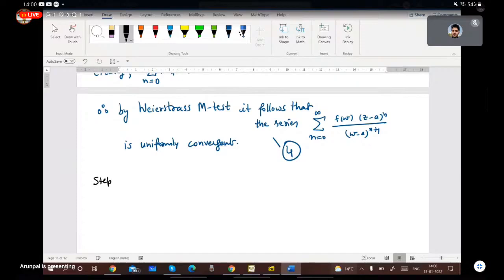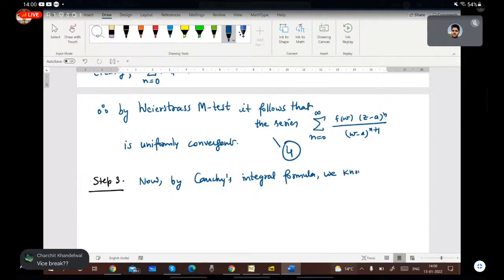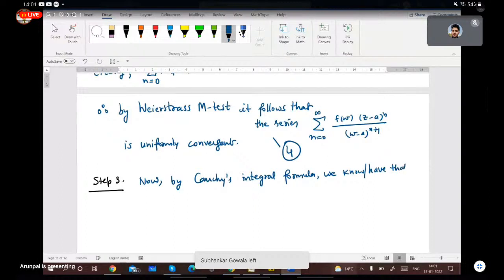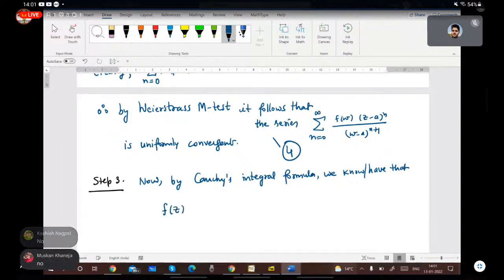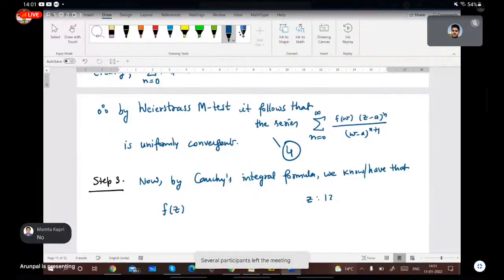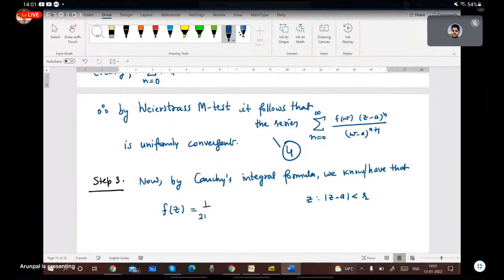Step number 3. Class now, by Cauchy's integral formula, we know that the value of f at any point z, where z is satisfying this condition, if z is in this disk, is given by 1 upon 2 pi i, integral of f(w) dw divided by w minus z on this trace gamma.